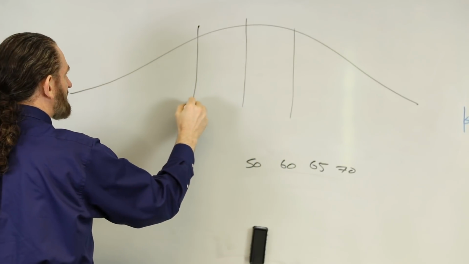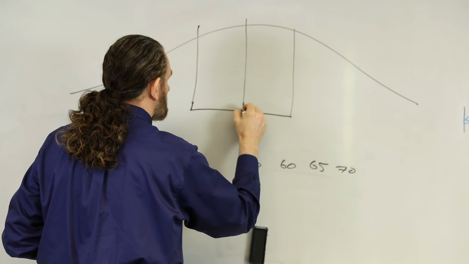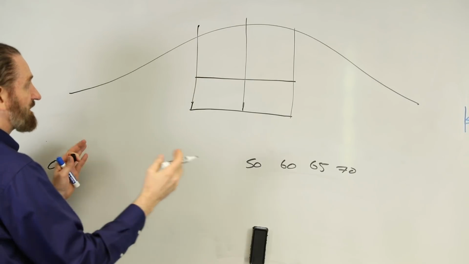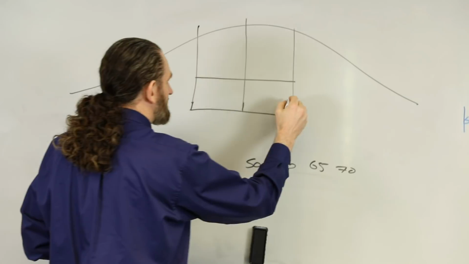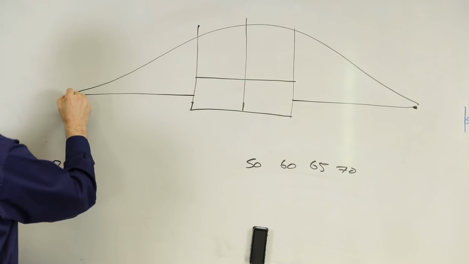So if I were to draw my box plot, I could almost do it just like this and say, here's my box plot, there's my median, there's my two quartiles in the middle. Those are my center quartiles, and that's why they draw them in the box rather than with the tails. And then the tail out to the end, and the tail out to the other end.